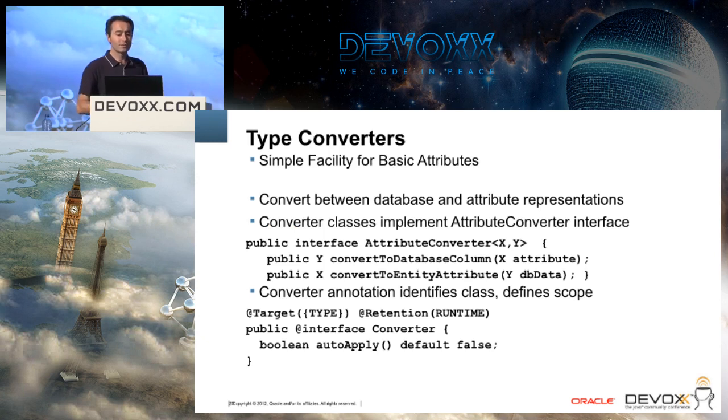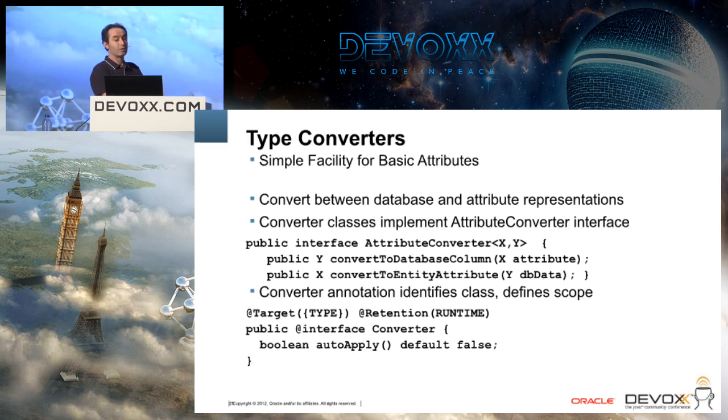Oh, so converters. I've been using this feature for like 15 years, so I'm glad it's in the spec. Converters allow you to convert between the database data format or type and the Java format or type. It's often the case the database contains data that's in a format that's not quite right.